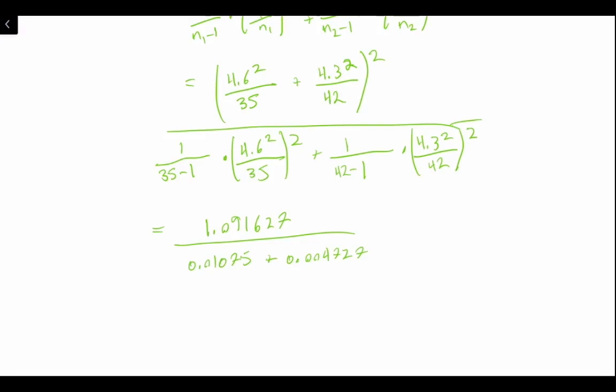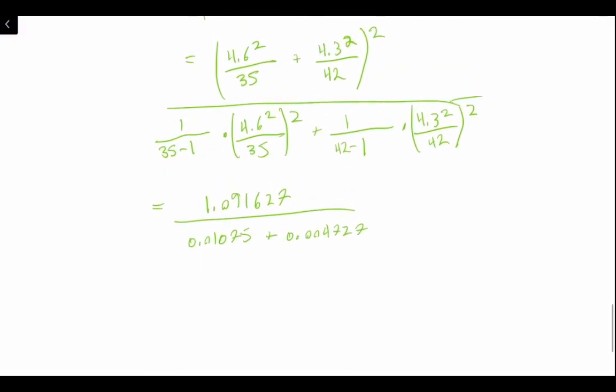So 0.01075 plus 0.004727 equals 0.015477.